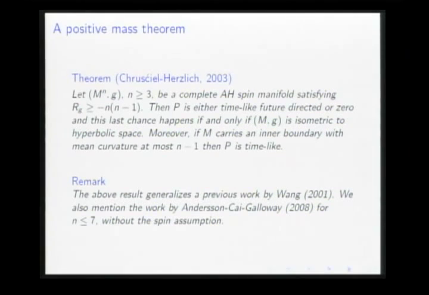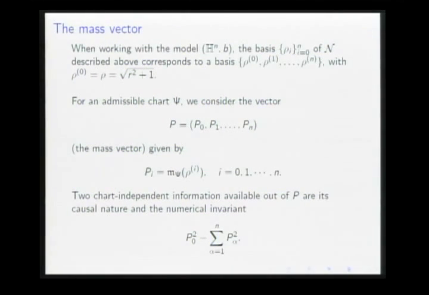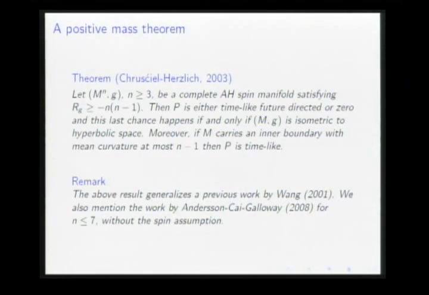The theorem by Chruściel and Herzlich says that this vector is always future directed and timelike, and it is zero only if Mg is isometric to hyperbolic space. And if you have a boundary with mean curvature at most n-1, then the vector is timelike.